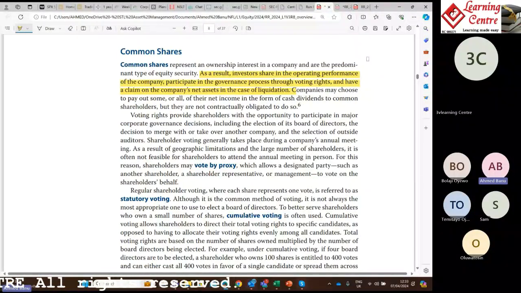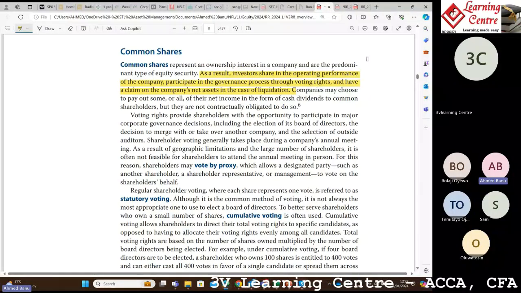So it falls in between those three spectrums: I pay you all, I pay you a percentage, or I don't pay you at all. And like I mentioned before, the company is not contractually obliged to do that. So that's performance sharing, dividends.